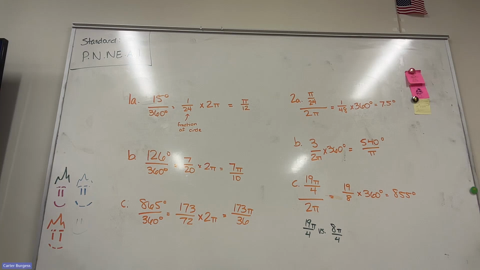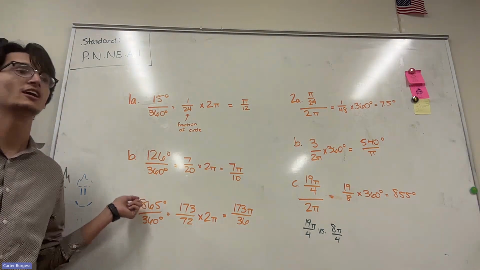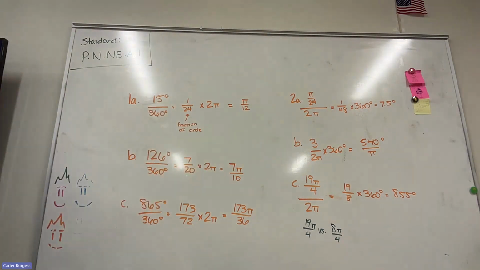Or maybe easier than that, my 865 is also over-rotated, bigger than 360. What could I do to unrotate those extra loops around my circle that I've done with my 865? Yeah, subtract 360 until what? Until you get less than 360.